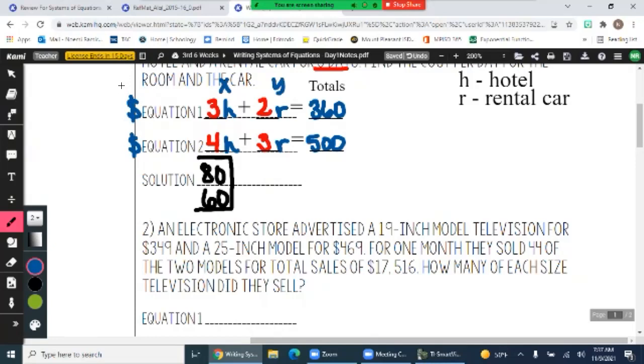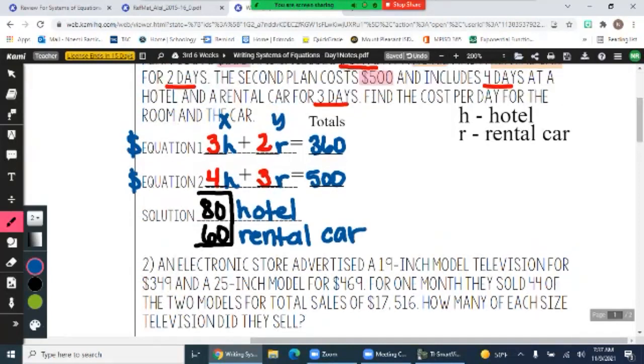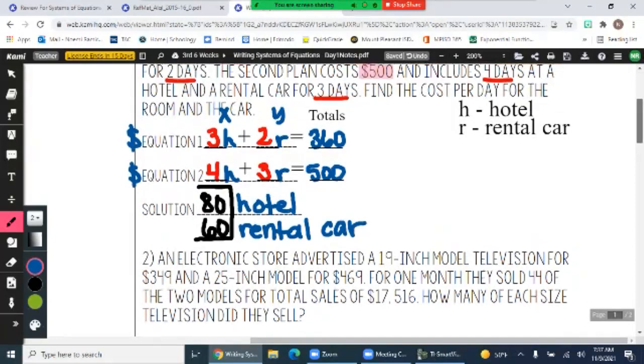So H is going to represent your X, so this is the cost for the hotel. And R is in the same spot as Y, so this would represent my rental car. So you have now found the cost per day for the room and the car, $80, $60 per day.